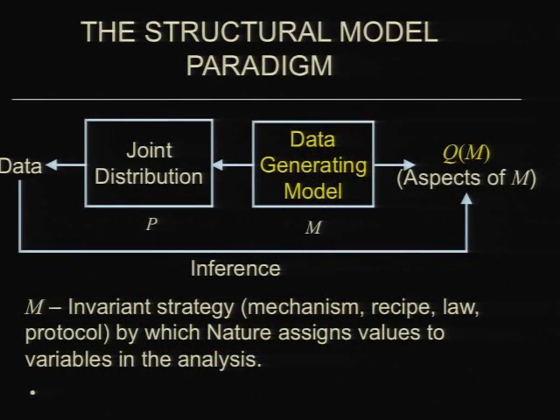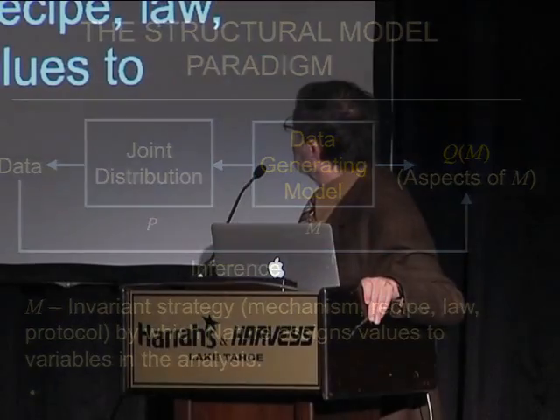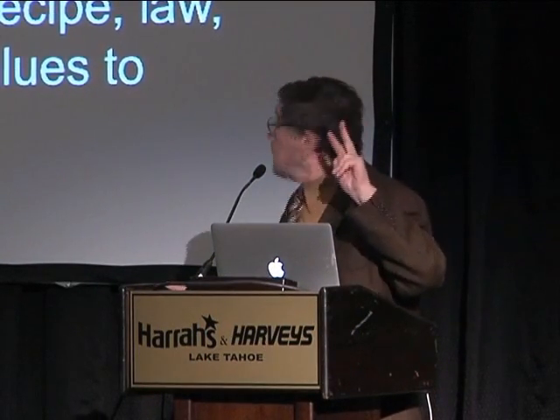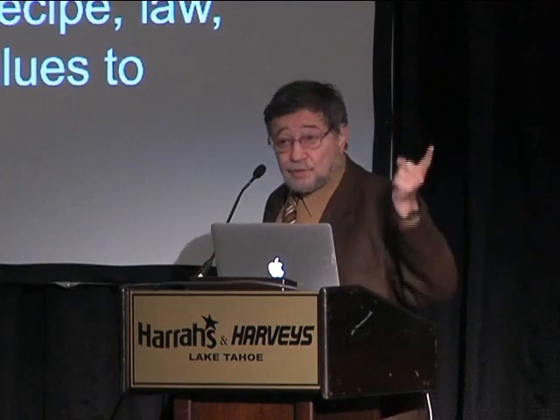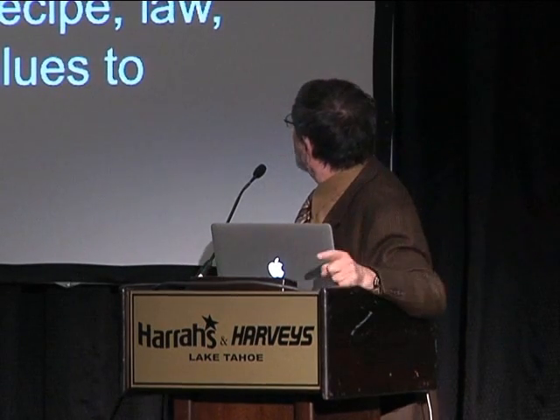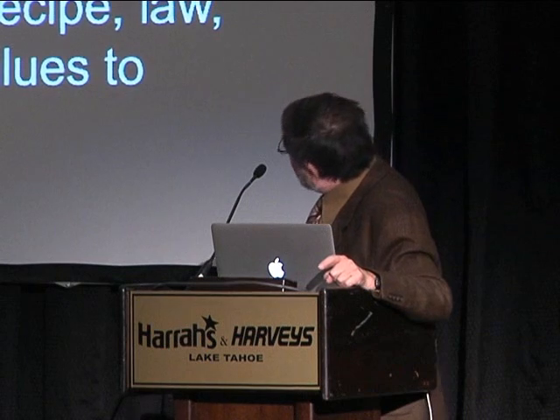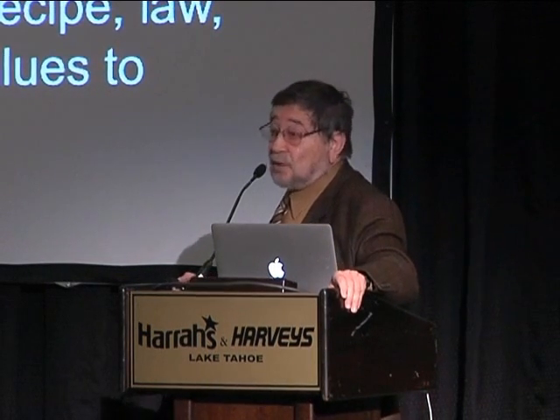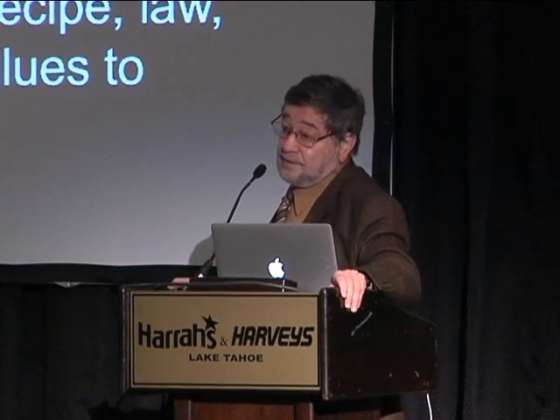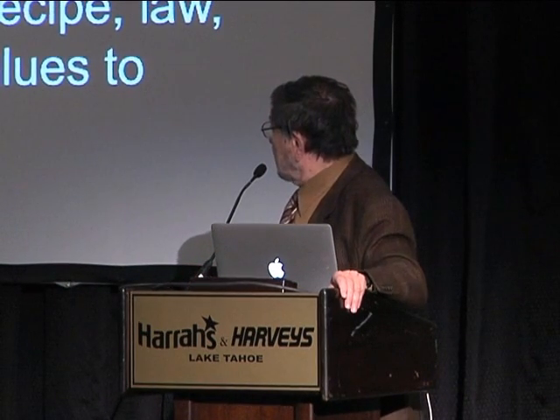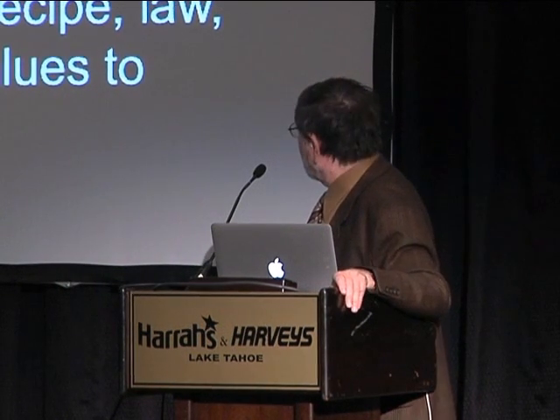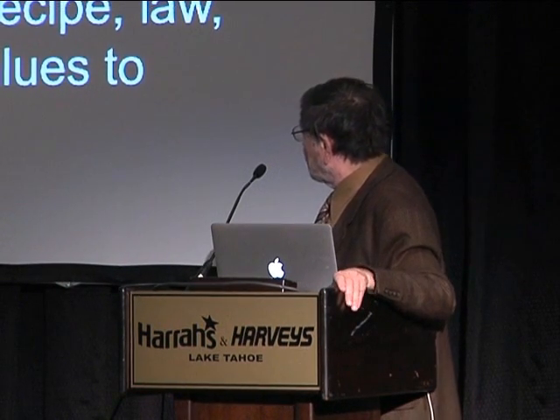Now, we are coming to a new era where we replace the old oracle with a new oracle, which I call the data generating model, which does two jobs. Number one, decide what ought to change in the probability and how. And now what we are seeking is an aspect of the data generating model and not of the joint probability. And what is it? It's an invariant strategy, sometimes called mechanism, recipe, law, protocol.